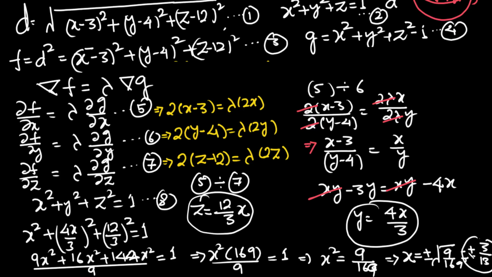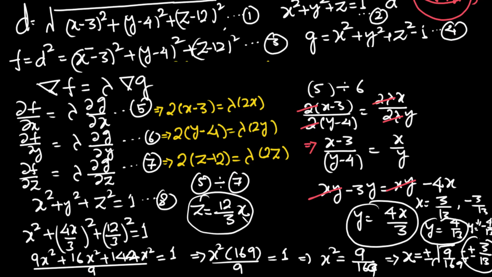So we plug in the value of x here. When x is equal to positive 3 over 13, we put 3 over 13 here, 3 and 3 cancel out, we get y is equal to 4 by 13. And when we have x equal to minus 3 by 13, the corresponding value of y will be minus 4 over 13.